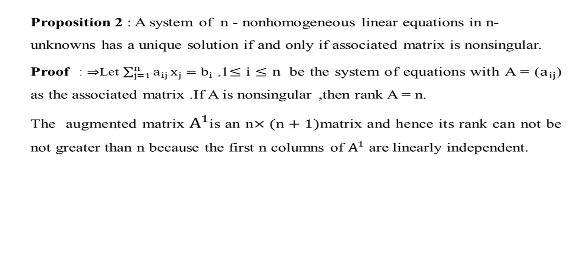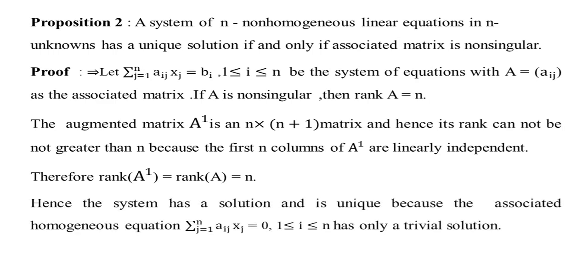The augmented matrix A dash is an n by n plus 1 matrix here, and hence its rank cannot be greater than n because the first n columns of the augmented matrix A dash are linearly independent. Therefore, rank of the augmented matrix A dash is equal to rank of the associated matrix A, that is equal to n.